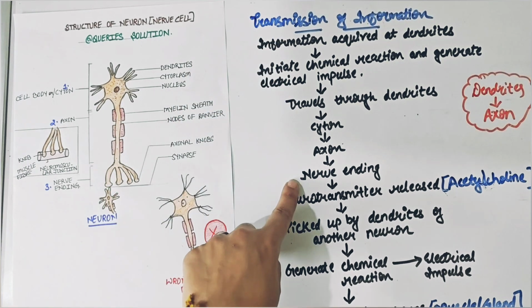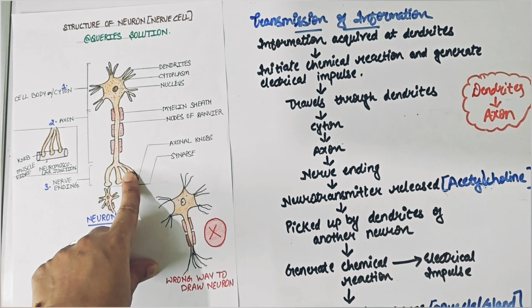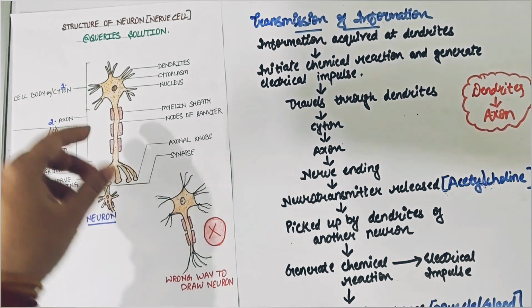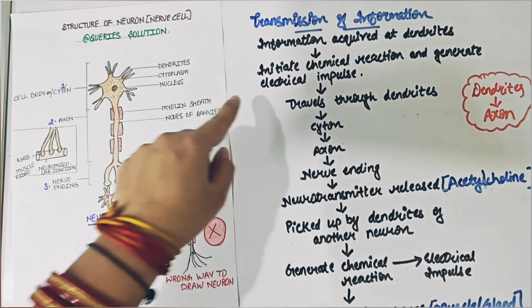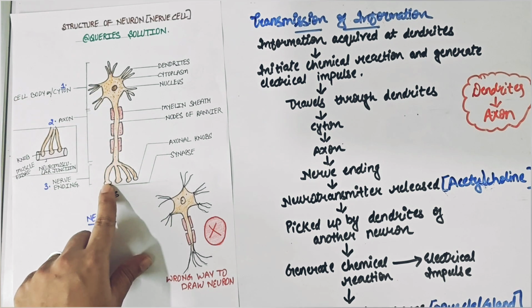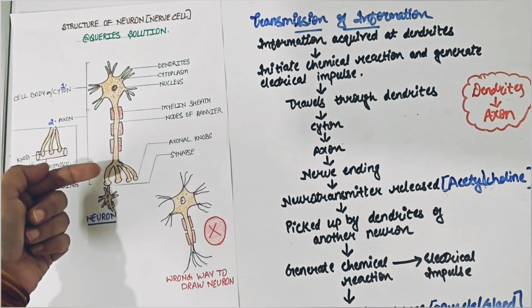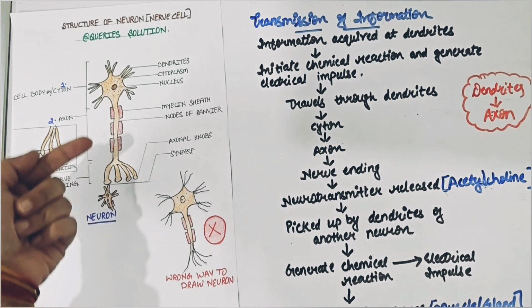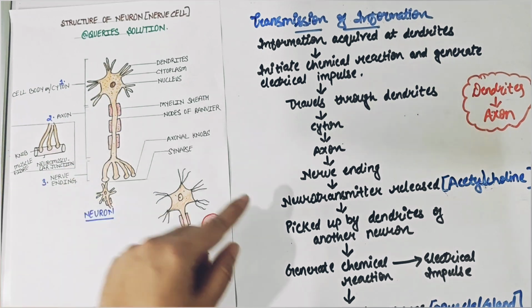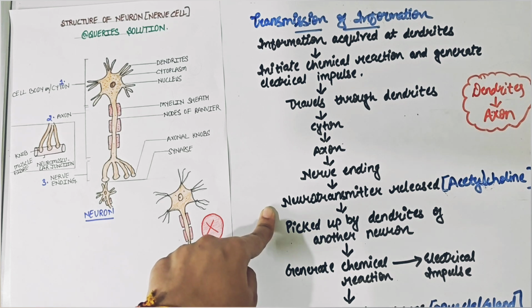So now your message has reached the nerve ending of your first neuron. What happens next is important. The information which was traveling in an electrical way from the dendrites to the axon has now reached the nerve ending. Once it reaches the ending area, this neuron number 1 releases a chemical. I'm repeating myself, hear me carefully.